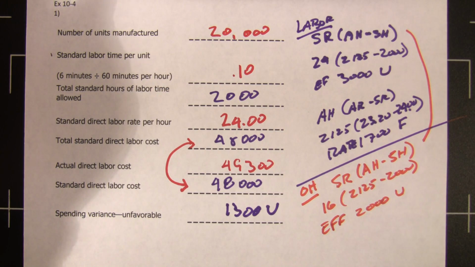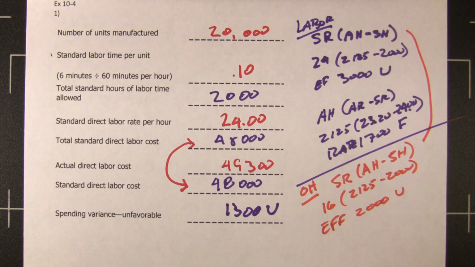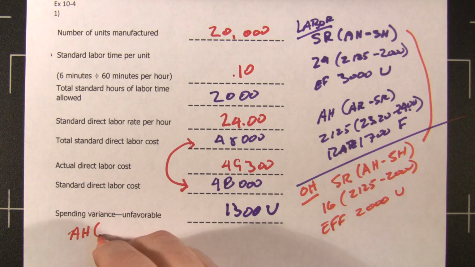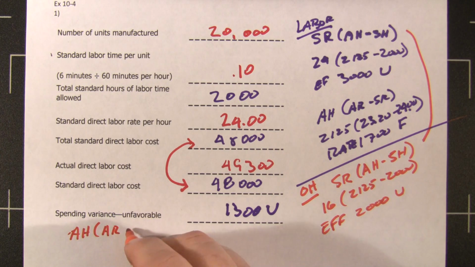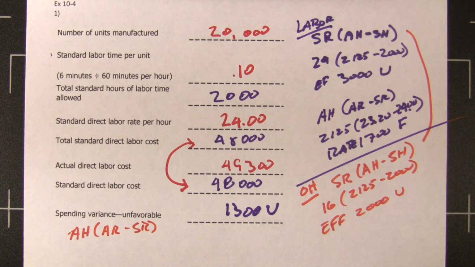Now we're going to do the same thing for the overhead rate variance. And again, I think you're going to see that this looks real familiar. I'm going to do it at the bottom here so I have room to get it in. I have actual hours times actual rate minus standard rate.